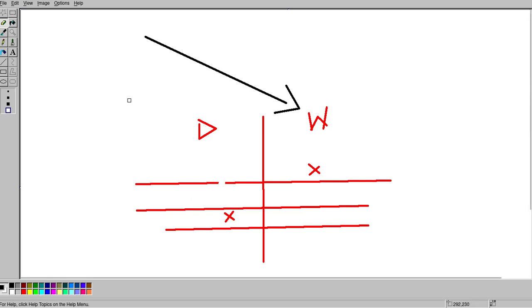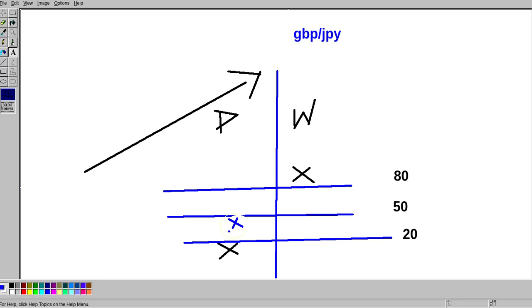In both cases, the weekly chart pattern is the leading indicator.